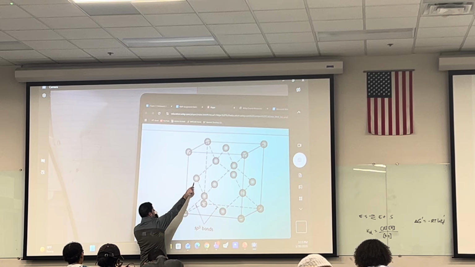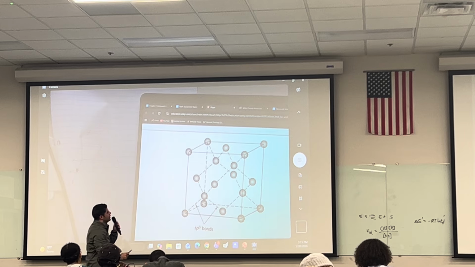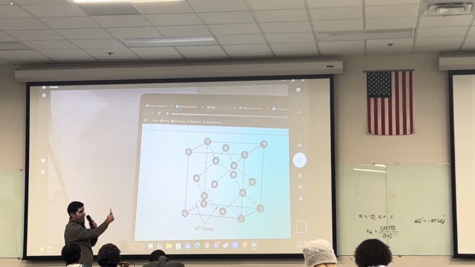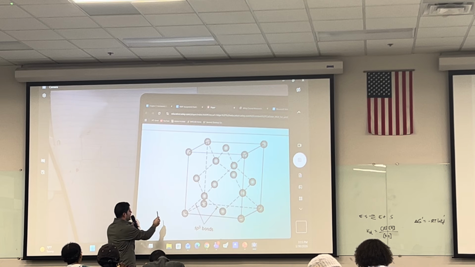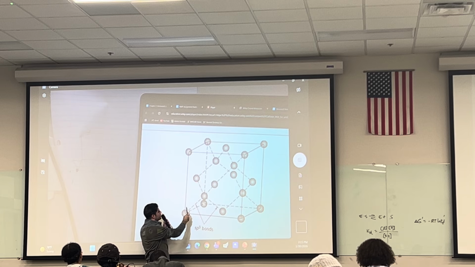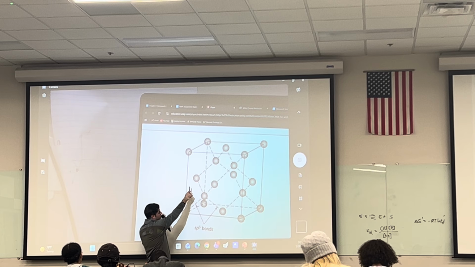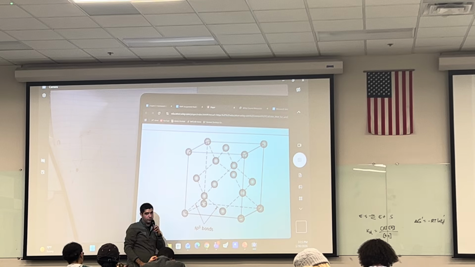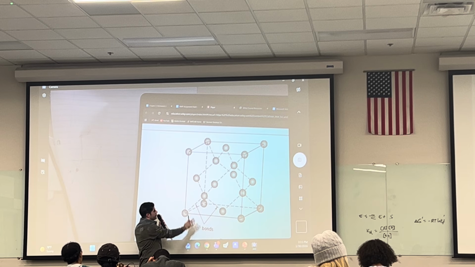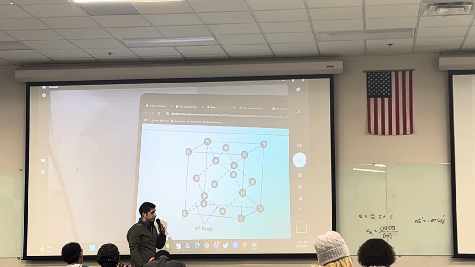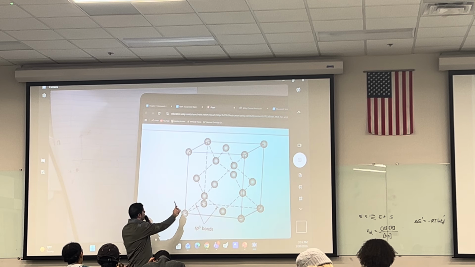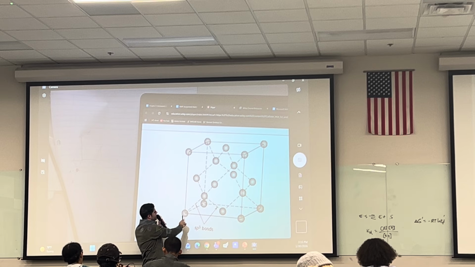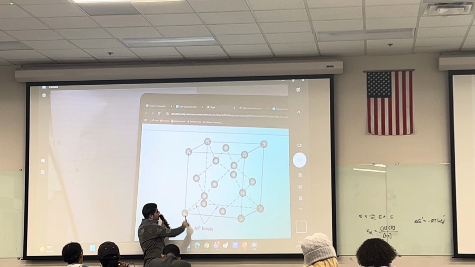For example, for this one, which I believe is in the center of that face, look, the y coordination is going to be 0, right? Because it's in the xz surface. So you have to find the z and x coordinations for this one.